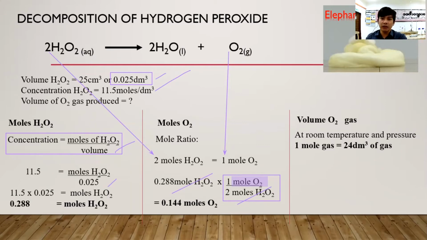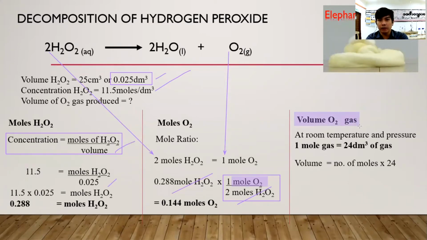So if you have 2 moles of gas, that will be multiplied by 2 and it will be 48 decimeters cubed of gas. Just simple as that. It is at room temperature and pressure. Now, to solve this one, you have volume is equal to the number of moles times 24. We are looking for the volume of oxygen.